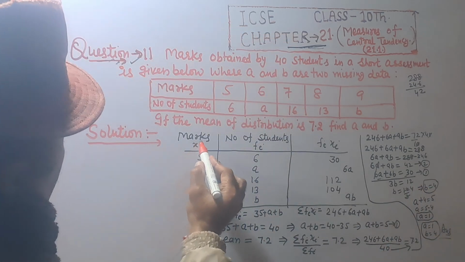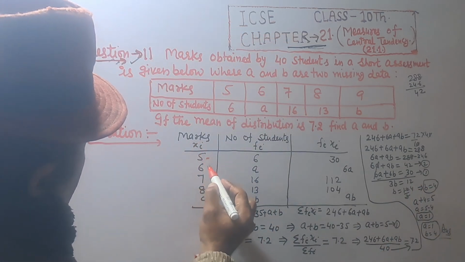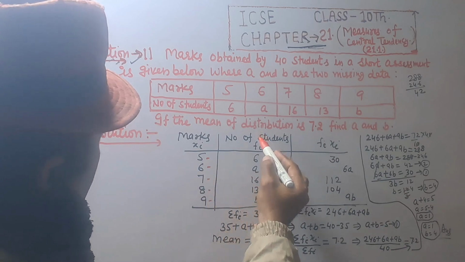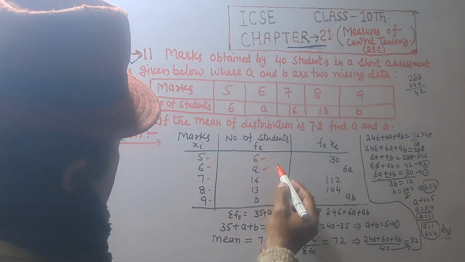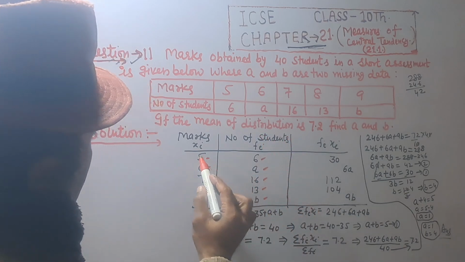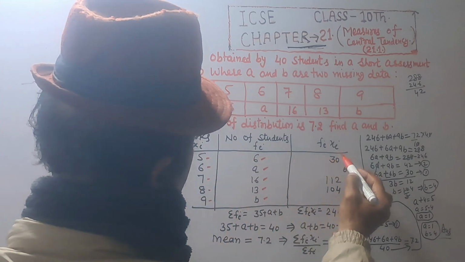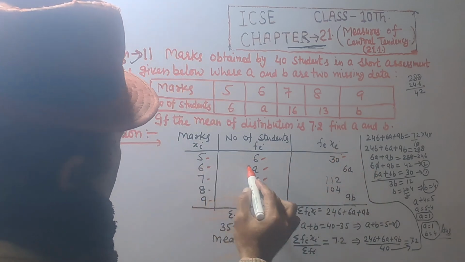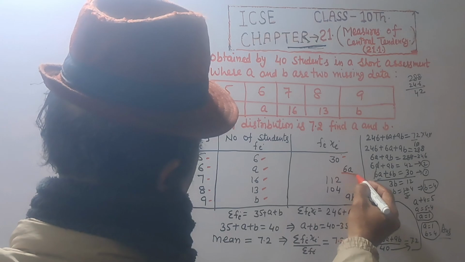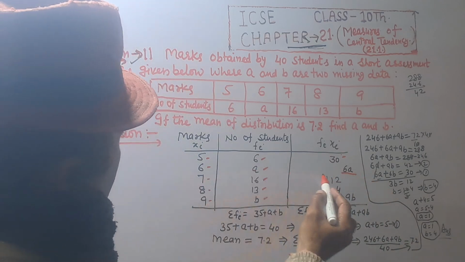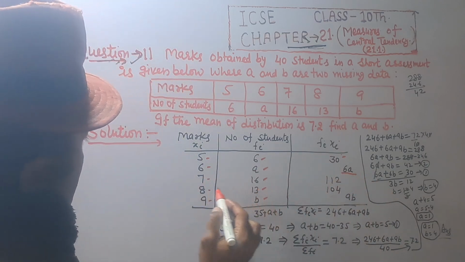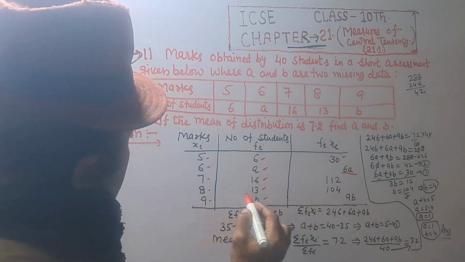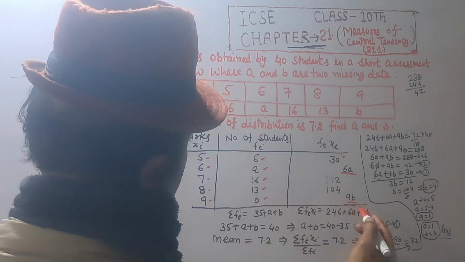Answer. Given marks Xi is equal to 5, 6, 7, 8, 9 and number of students frequencies 6A, 16, 13 and B. 6 5s are 30 and 6 into A, that is equal to 6A. 16 7s are 112, 13 8s are 104, 9 into B, that is equal to 9B.